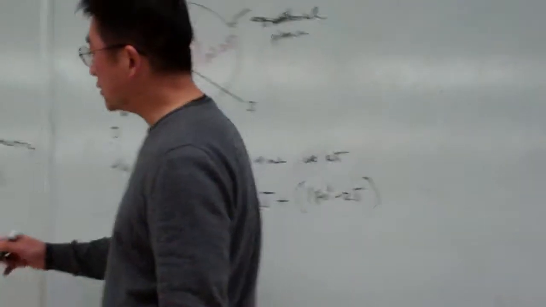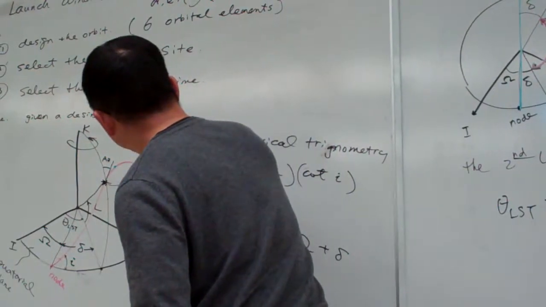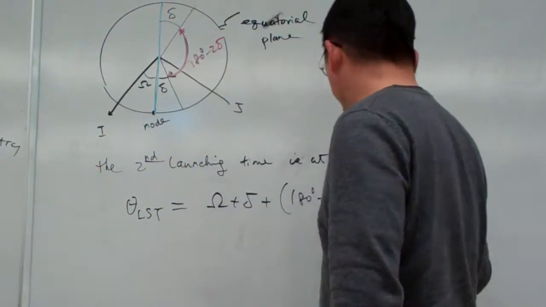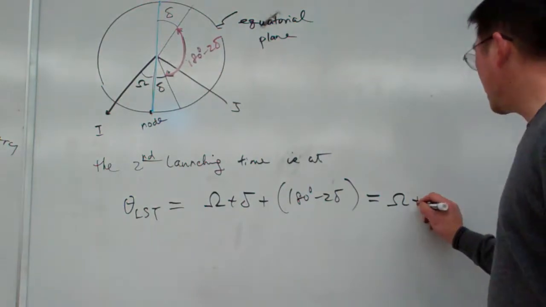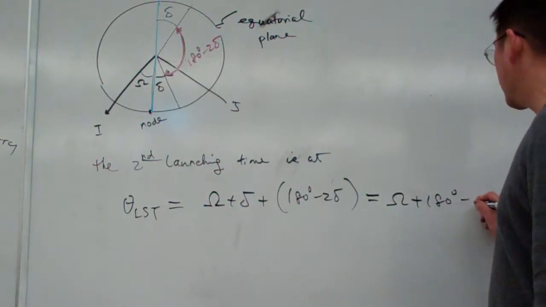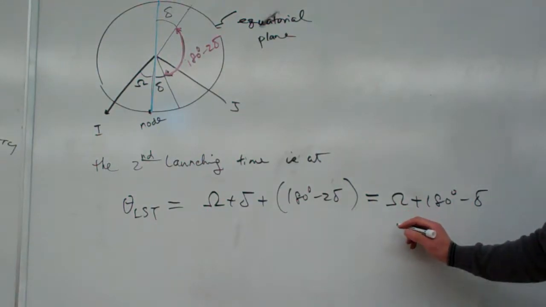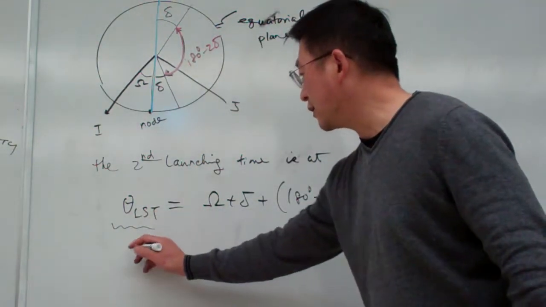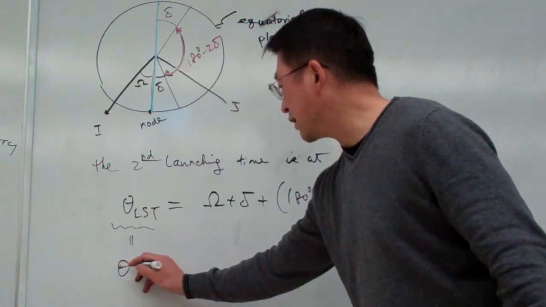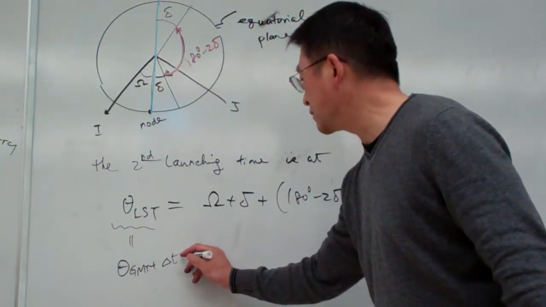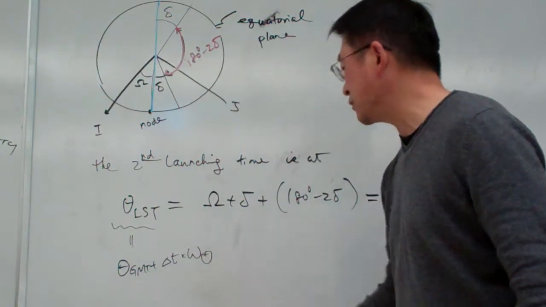So basically on Earth, rotating from here to here, that is 180 minus delta. So that will be equal to omega plus 180 minus delta. Again, this one involves theta GMT plus delta times omega of the rotation of the Earth.